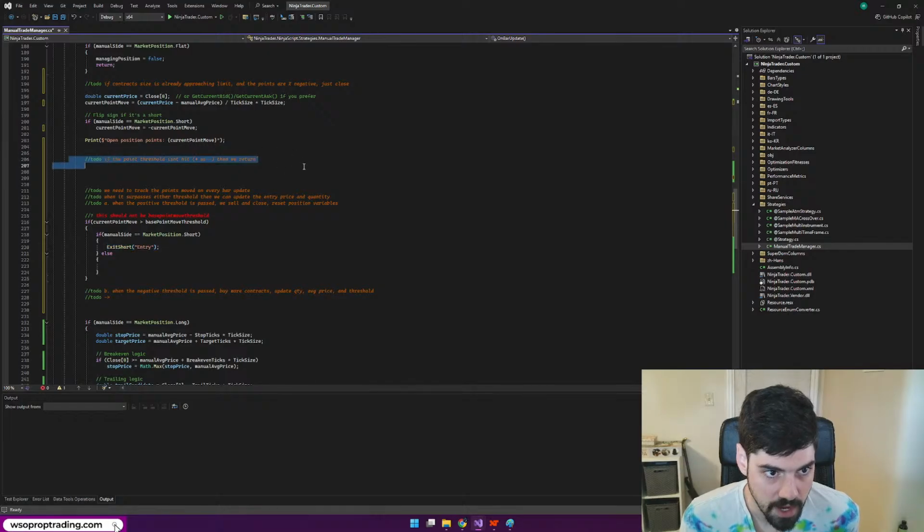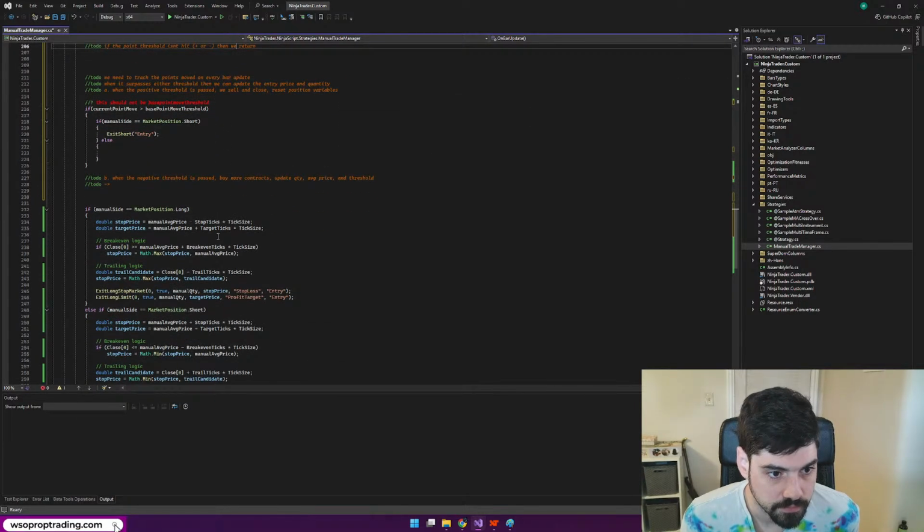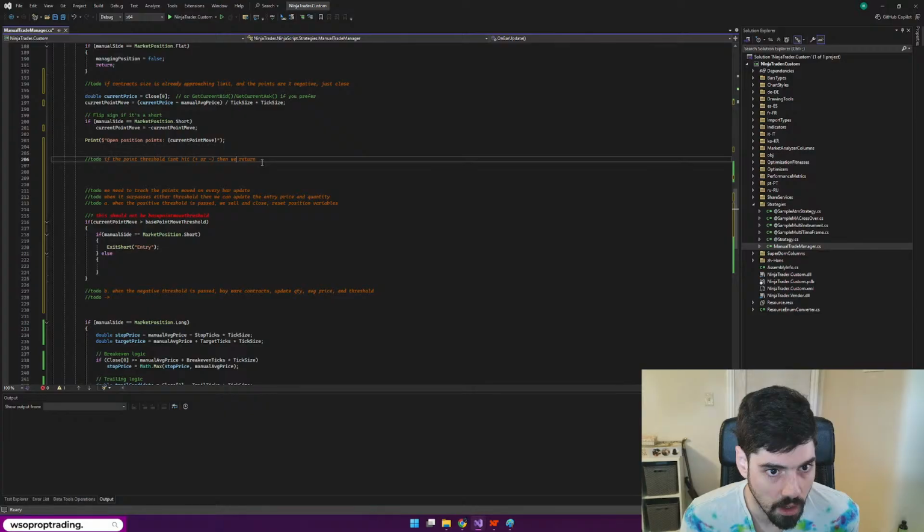But when the thresholds are passed, okay, so here we actually don't need to think about the plus threshold, like resetting that. Not resetting it. We definitely reset the plus threshold. We don't have to worry about if it gets hit here.